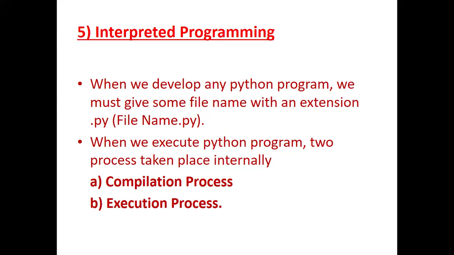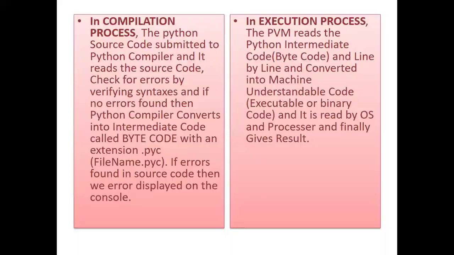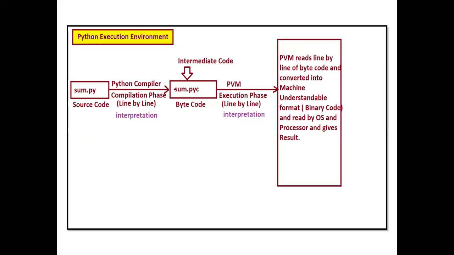Now, whenever we execute Python programs, two processes take place internally. What are those? Compilation and execution. What do we understand by the compilation process? Students, let's understand this with the help of this chart. I have saved one file with the .py extension, that is source code, some.py. Now, here the compilation process takes place.